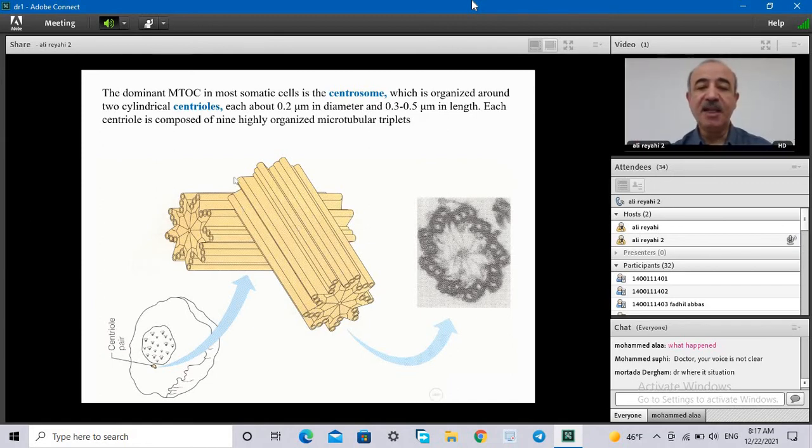Okay, so the centriole is formed by microtubules, and the pattern of its structure is 9 triplets of microtubules. It's very important for cell division.